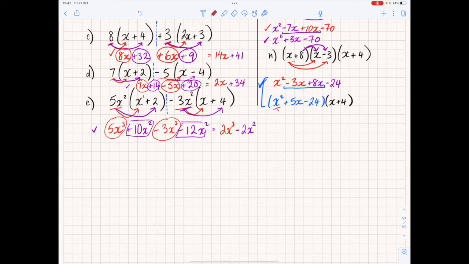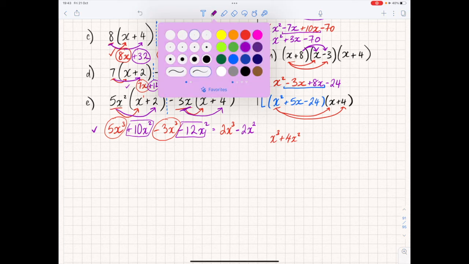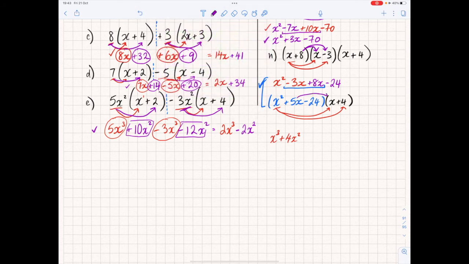So the x squared multiplied by the x becomes x cubed. The x squared multiplied by the 4 becomes 4x squared. Then we do the 5x times the x, which is plus 5x squared.